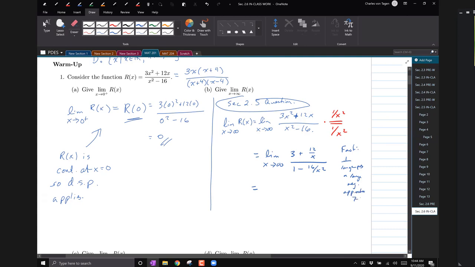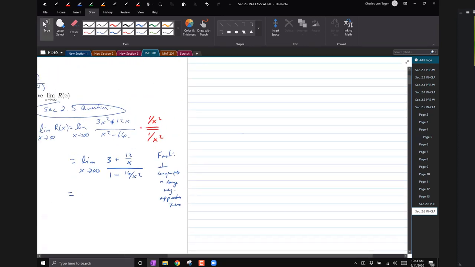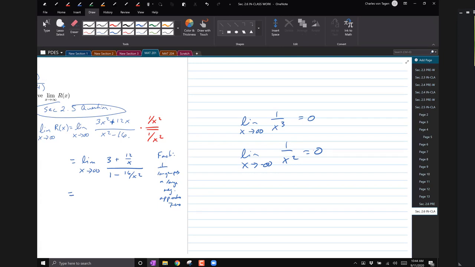So put another way, I'm out of room here, but let me just say it. If I took the limit as x approaches infinity of 1 over x to the third, or the limit as x approaches negative infinity of 1 over x squared, that's going to be 0, right? In both cases. I've hopefully scared you guys a little bit with this concept of infinity, and with these indeterminate forms.